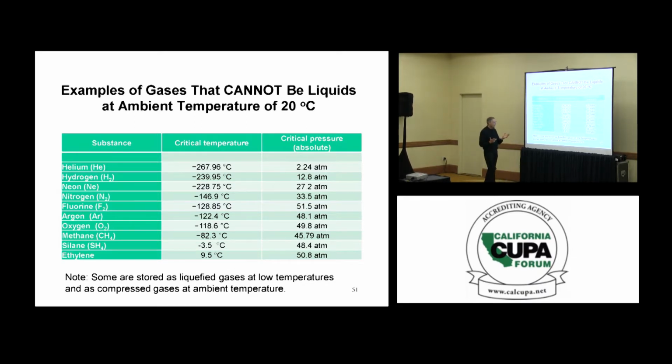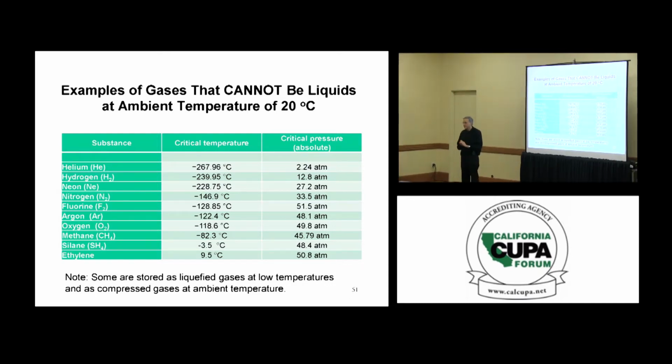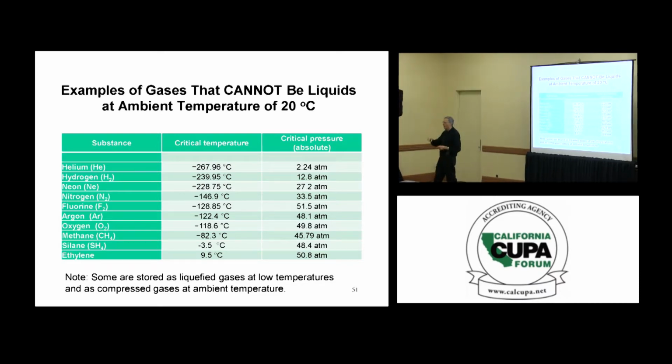So on a winter day, when it's 5 degrees C in the morning, and you go by that big ethylene sphere, what's that ethylene like in there? There's liquid. But in the afternoon, when the temperature of the contents of that sphere is now 20 degrees C, there is no liquid ethylene in that sphere because it is above its critical temperature. And no matter how much pressure you put on it, it can't be a liquid.